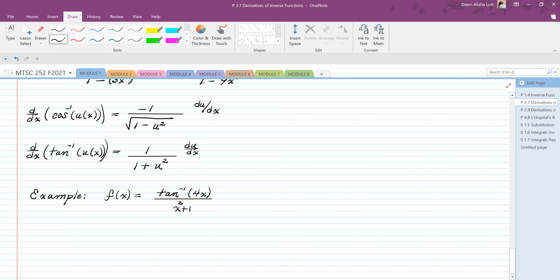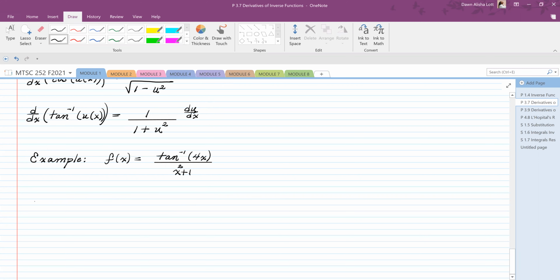Okay. So f prime of x is going to be x squared plus 1 times the derivative of tan inverse. So the derivative of the tan inverse is going to give me 1 over 1 plus 4x squared. But chain rule says multiply by what's inside. So that's going to give me a 4.